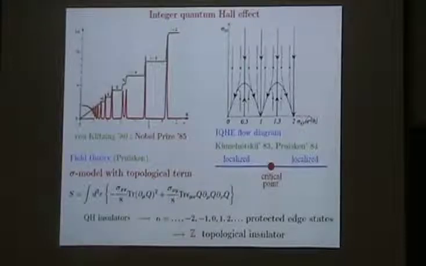Is there a way to make contact between this topological term and the Chern-Simons term of the effective field theory? Or are they unrelated? Well, as you know, there are many terms that all have a topological nature.